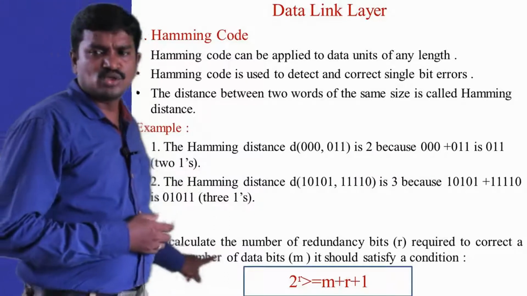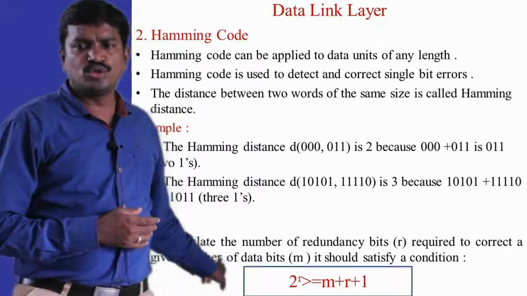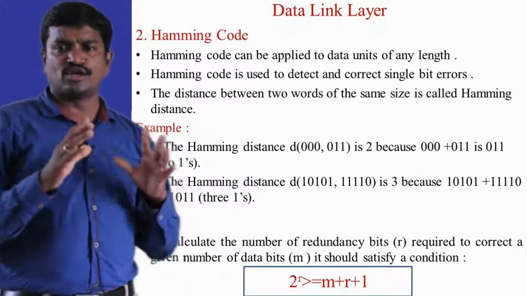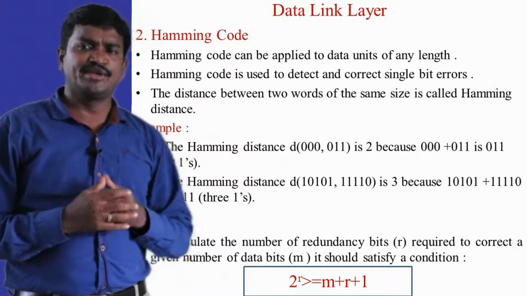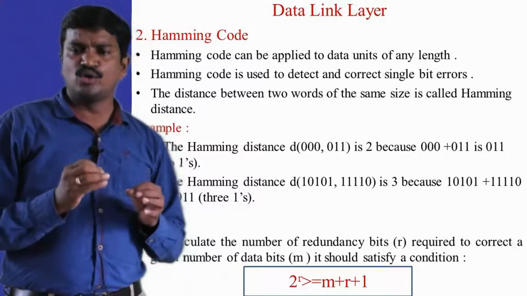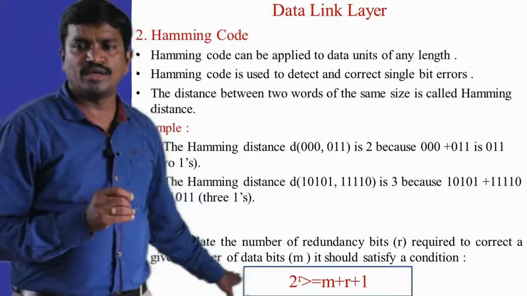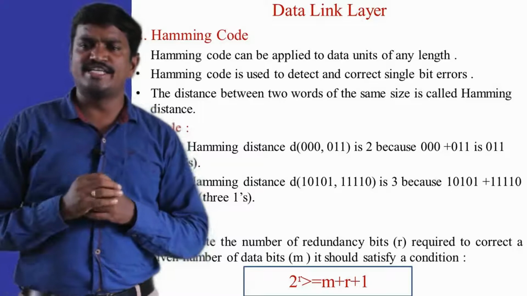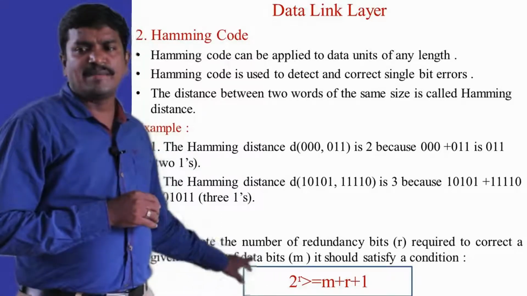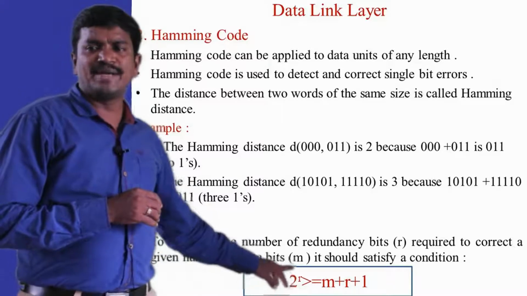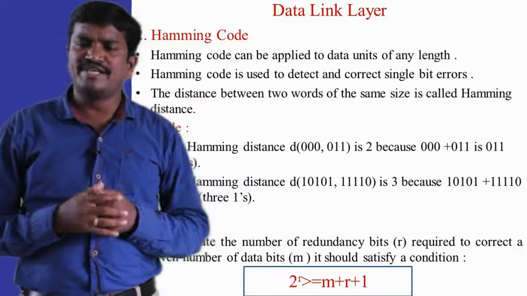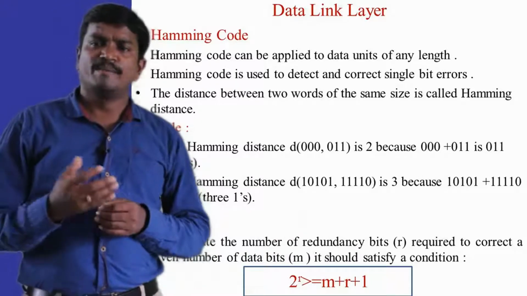Now if you observe this, it gives a relation for how many redundant bits we need. The basic question is, I have a data unit, how many redundant bits do I have to add? That purely depends on this equation. The total number of redundant bits must satisfy an equation, that is 2 power r must be greater than or equal to m plus r plus 1, where r is redundant bits and m is message bits.